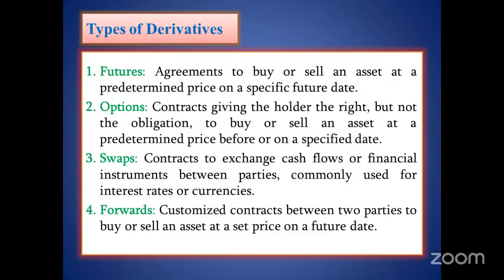For example, if you want to purchase one particular share at 100 rupees, and at present you are not getting that value, you fix that price. There is an agreement that you will sell or purchase on a particular date in the future, the same way for selling or buying, both conditions. So it is a two-way agreement between the parties. If they want to sell, they have to sell at the same price in the future.